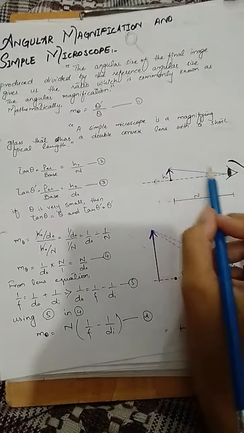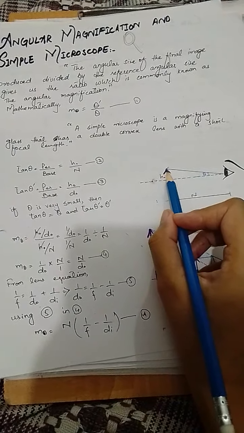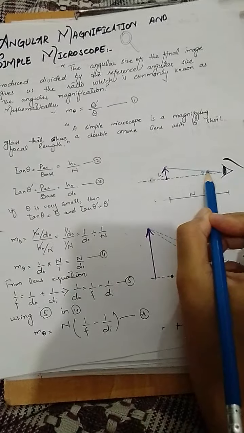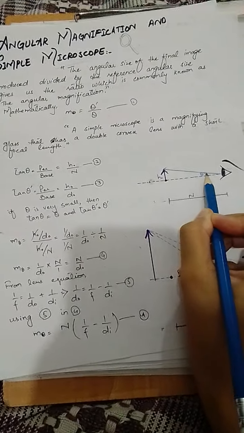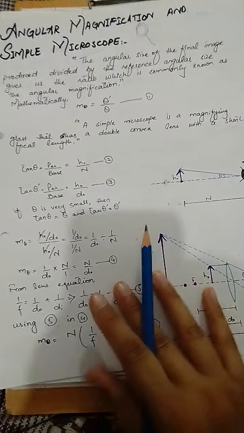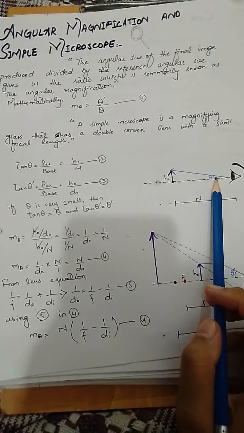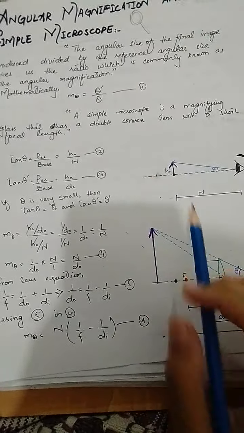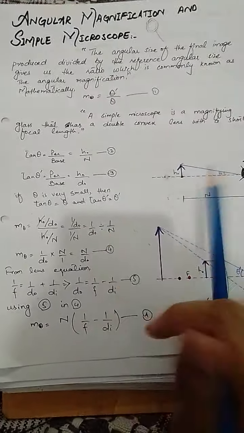The light which falls directly from this point makes an angle theta with the perpendicular axis, and this theta is known as the reference angular size. This is the angle by which the image can be seen directly without a magnifying glass.